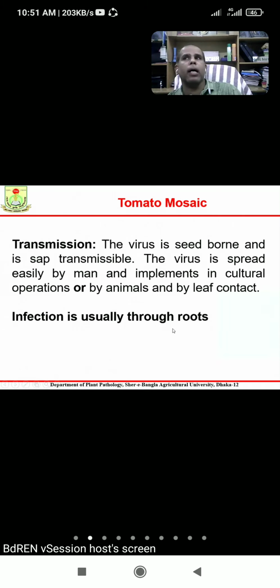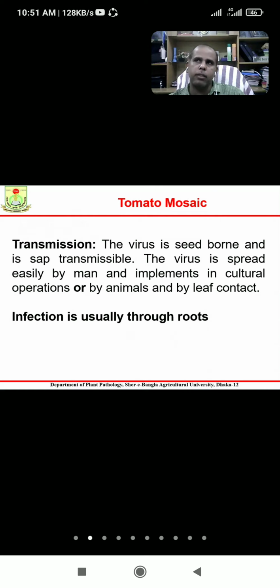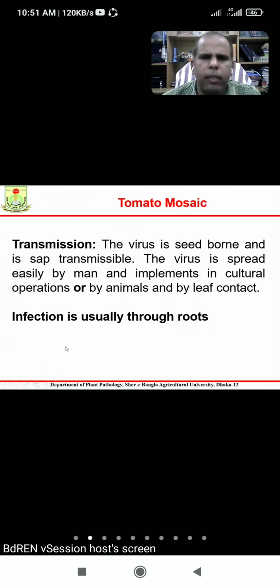Most plant viruses infect through the leaf or the stem, the aerial part, but this virus's infection can start from the root system. So the transmission is seed-borne and mechanical, during the intercultural operation.